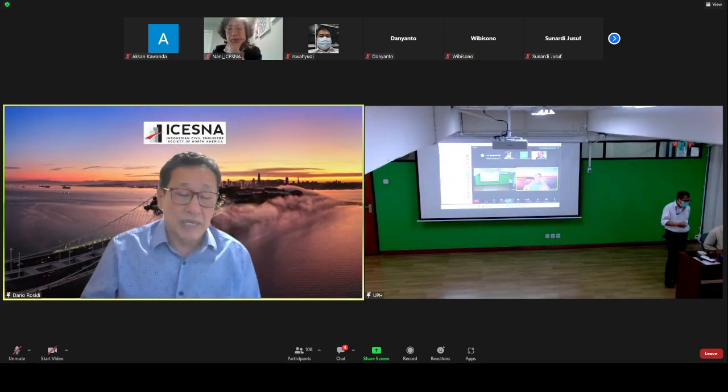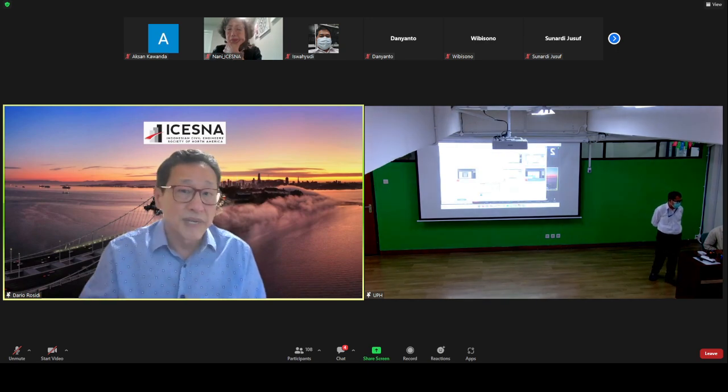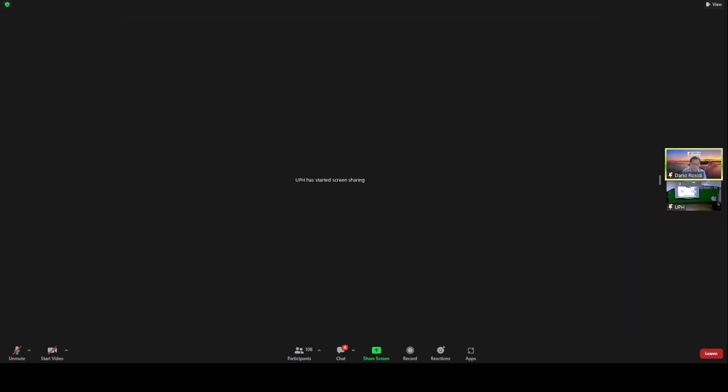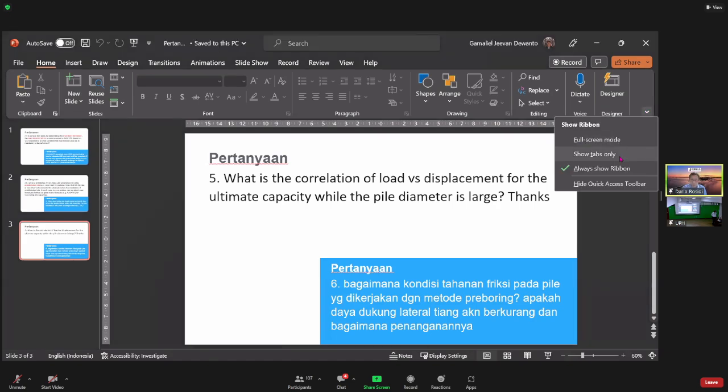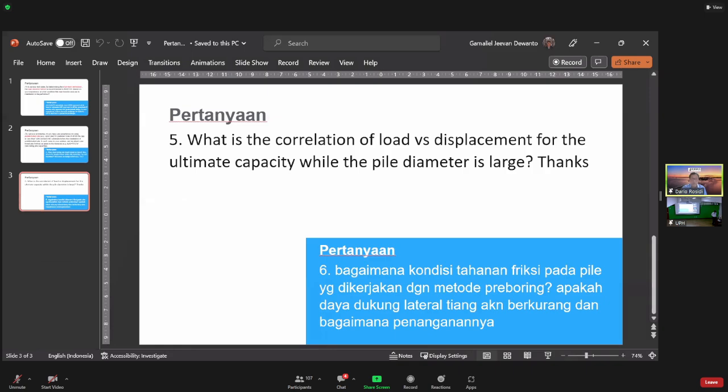Friction-nya beda jauh sekali. Yang pakai bentonite itu jauh lebih kecil daripada yang pakai polymer, synthetic polymer. Saya nggak ada data. Mestinya saya bisa tunjukkan perbedaannya. Jadi, I think untuk answer question-nya, bedanya tergantung sama slurry yang dipakai, ya.